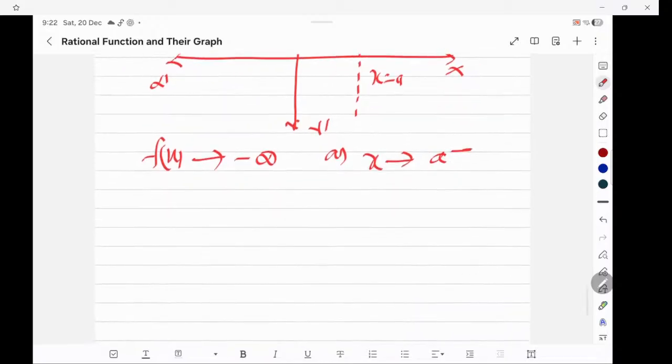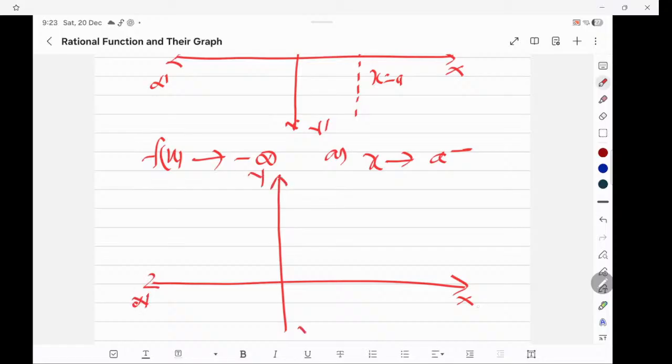Now we have discussed f(x) going to negative infinity as x approaches a minus, which is decreasing. If I draw the graph here with the x and x dash axes and y and y dash, the graph approaches like this as x tends to a, that is a minus.